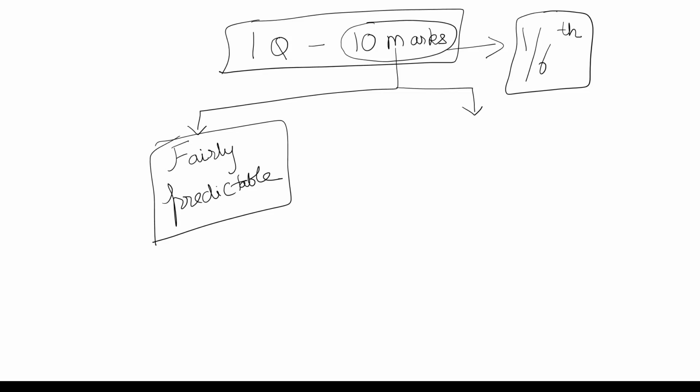There are just a few types of questions, and these keep coming again and again in the exam as far as I've observed in the past exam question papers. So if you do this exercise, you can predict what type of questions you can expect in your exam. That is what I mean when I say the questions are fairly predictable.